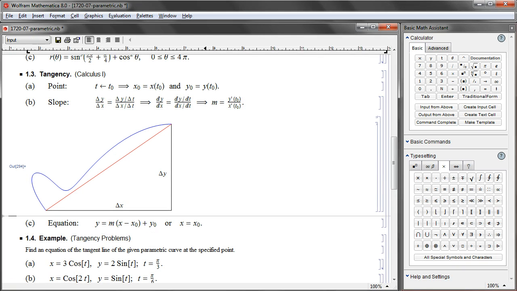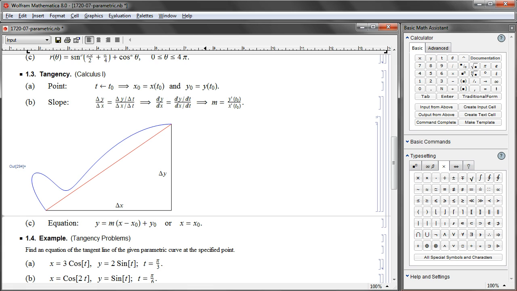Here in this picture, the blue curve segment is a part of a parametric curve, and the red line segment is its secant line. And the secant line has slope, rise over run, delta y over delta x, the difference of y coordinate over difference of x coordinate. You can see that from this right triangle, highlighted in black.